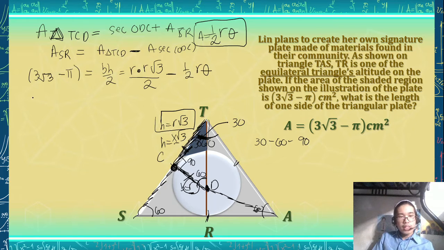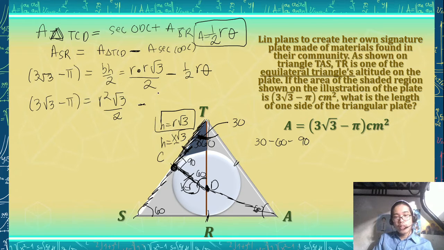So therefore 3√3 minus π is equal to r²√3 all over 2 minus 1/2 r² times theta. And theta over here is measured in radians.